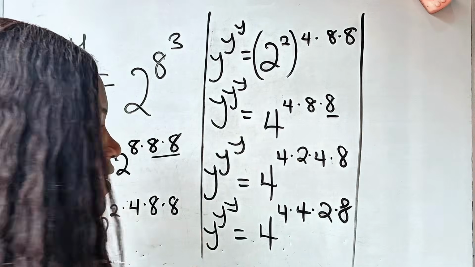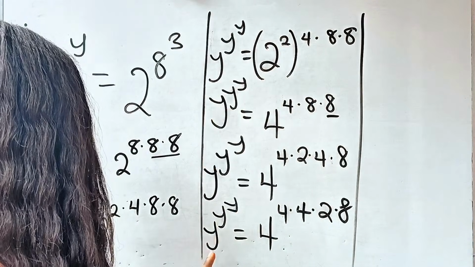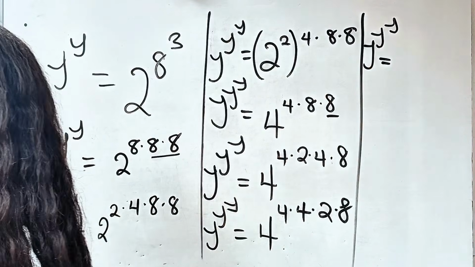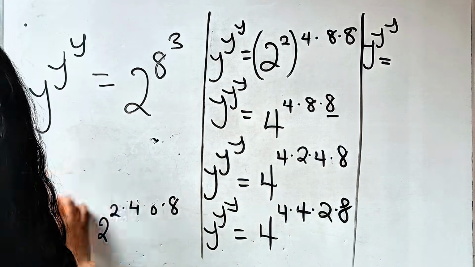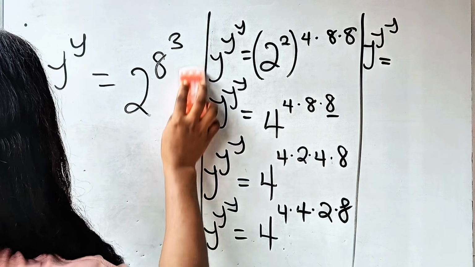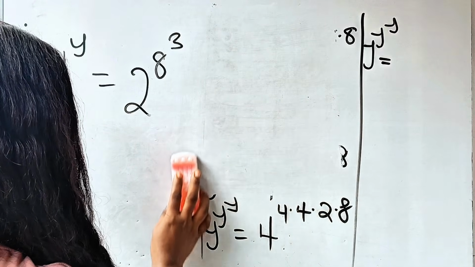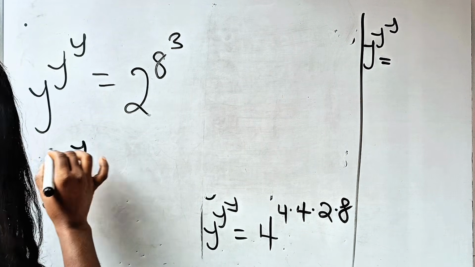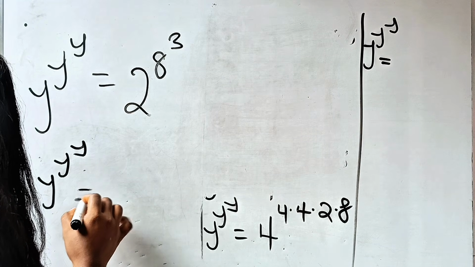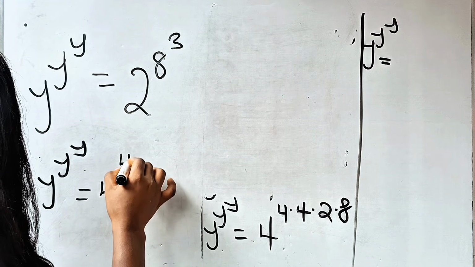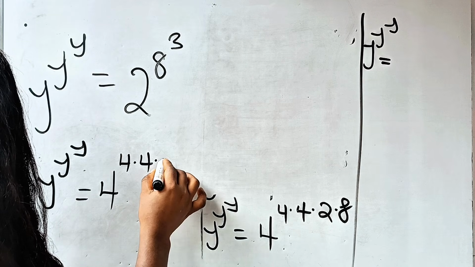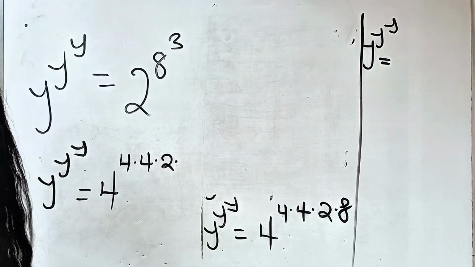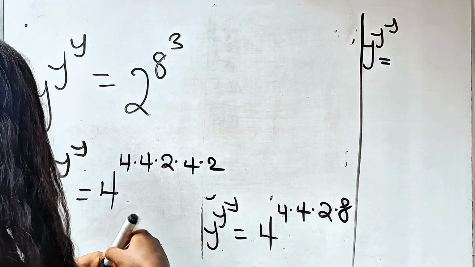We are almost there. So now we have y to the power of y to the power of y is equal to 4 to the power of 4 multiplied by 4 multiplied by 2 multiplied by, now let's express 8 as 4 multiplied by 2 as well.